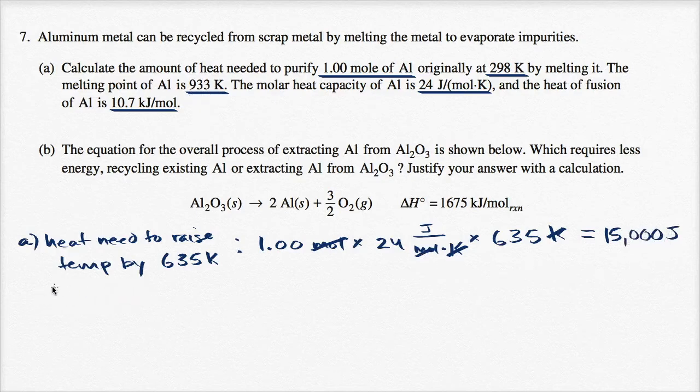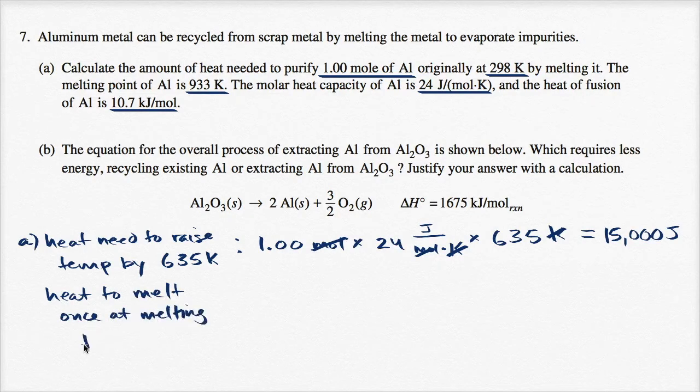And then we have the heat of fusion, the heat to melt once at melting point. Well, that is going to be 1 mole times the heat of fusion, 10.7 kilojoules per mole.